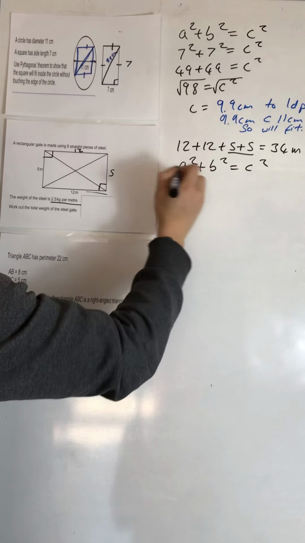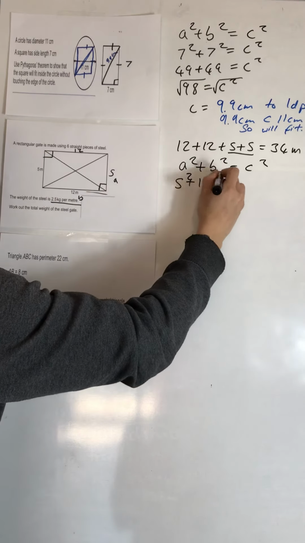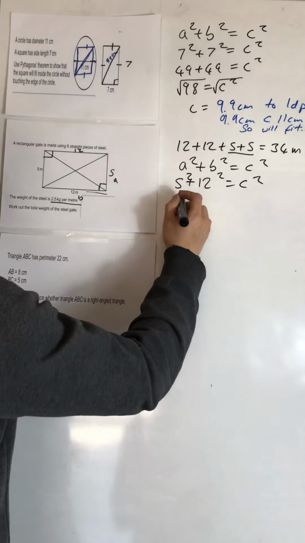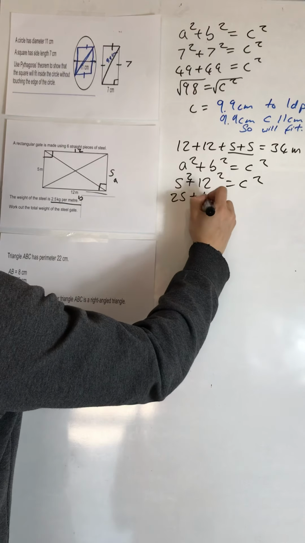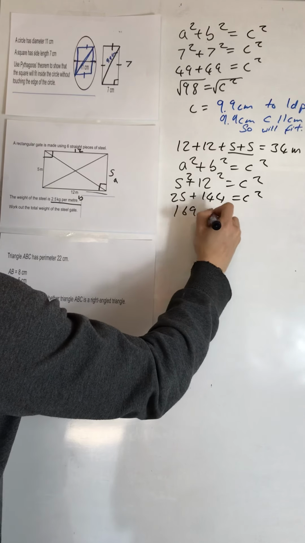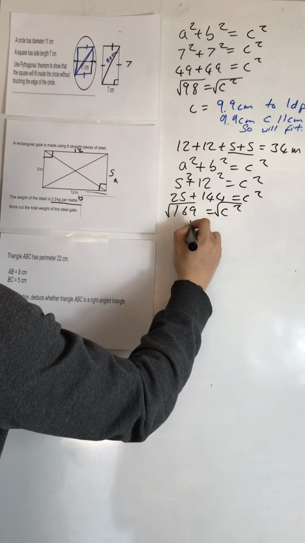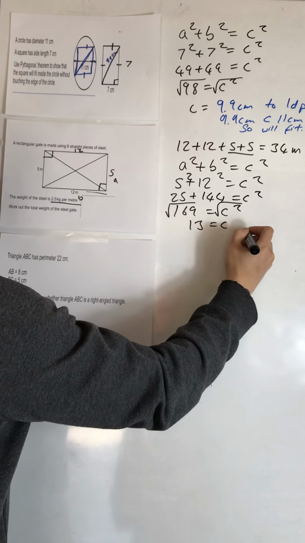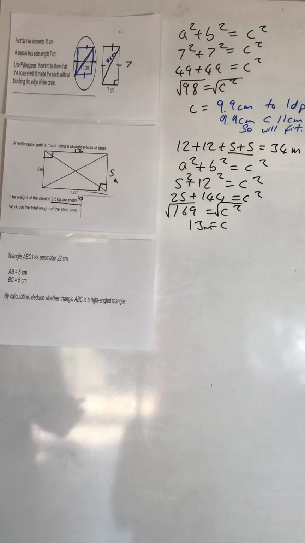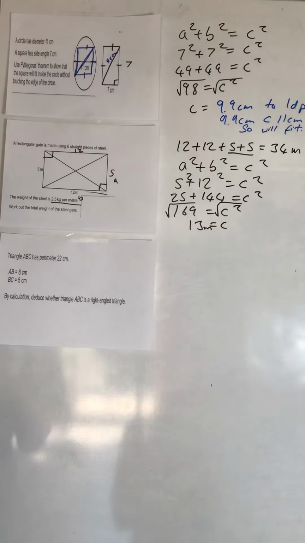So that's 5 squared, if I call that a and that b, plus 12 squared equals c squared. Now 5 squared plus 12 squared, that's 25, add 144. So 169 equals c squared, and if you square root both sides, you know that 13 equals c, and that would be in metres. Adding this will probably get you some method marks in the exam.